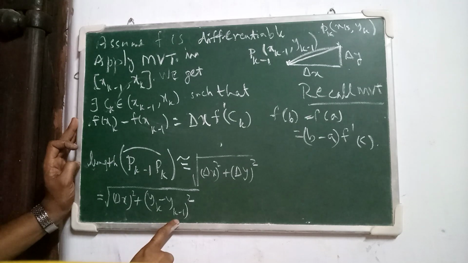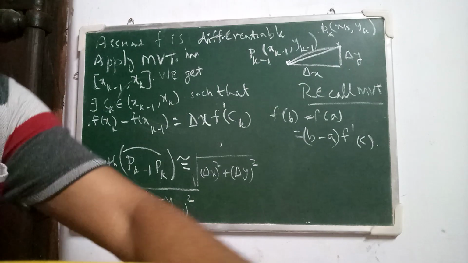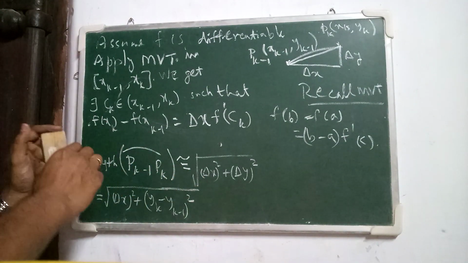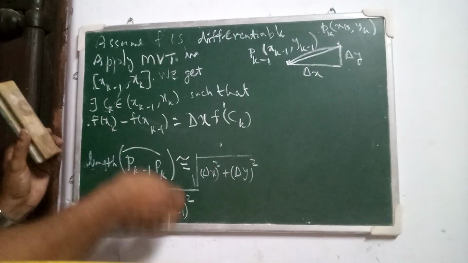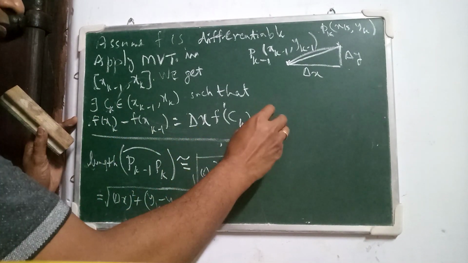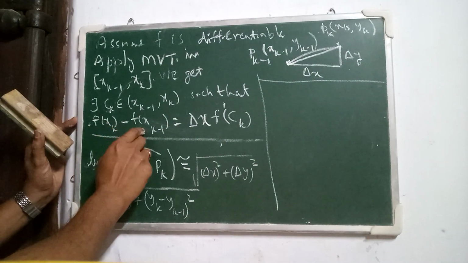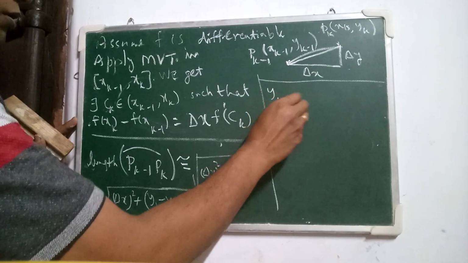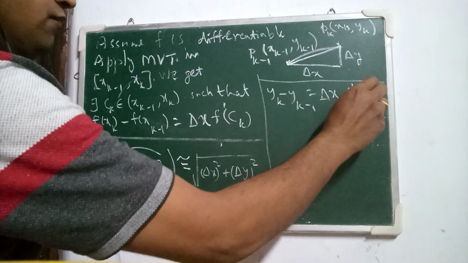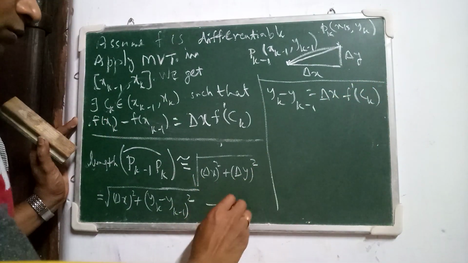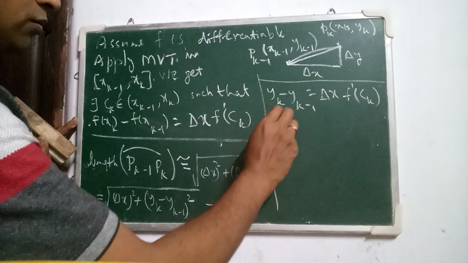Now substitute for y k minus 1 here. This is precisely y k minus 1. So y k minus 1 is delta x f dash of c k. Call this as 1, substitute in 1.